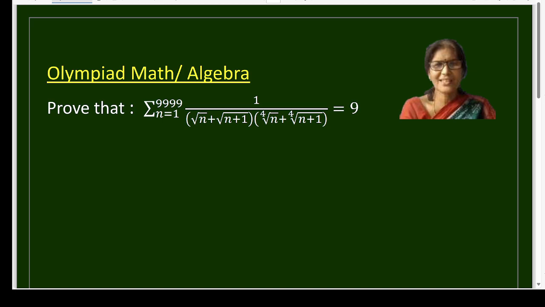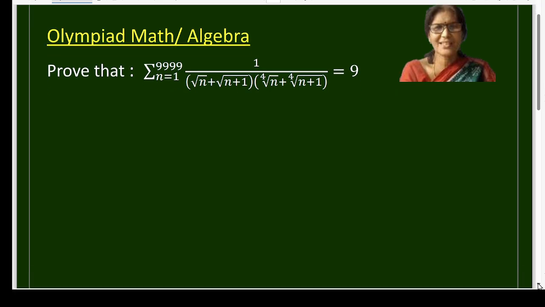Let's proceed. This type of question we solve or simplify by multiplying with the conjugate of the denominator, or we say by rationalizing the denominator. So here there are two factors in the denominator.